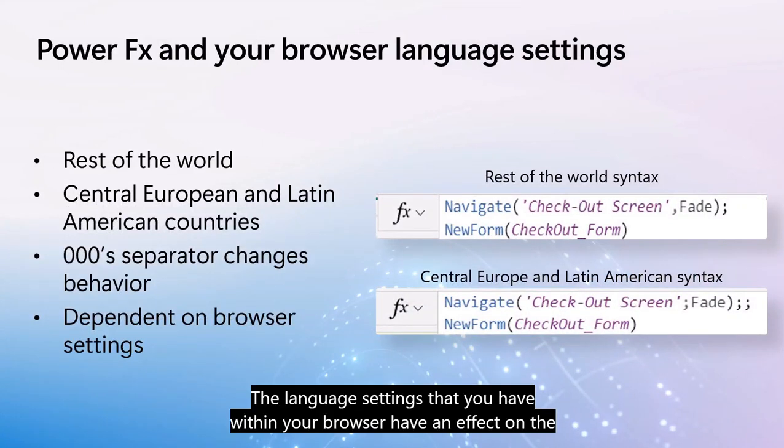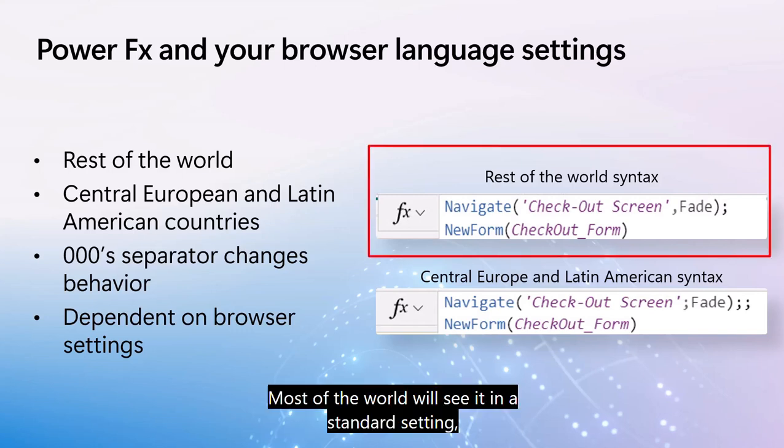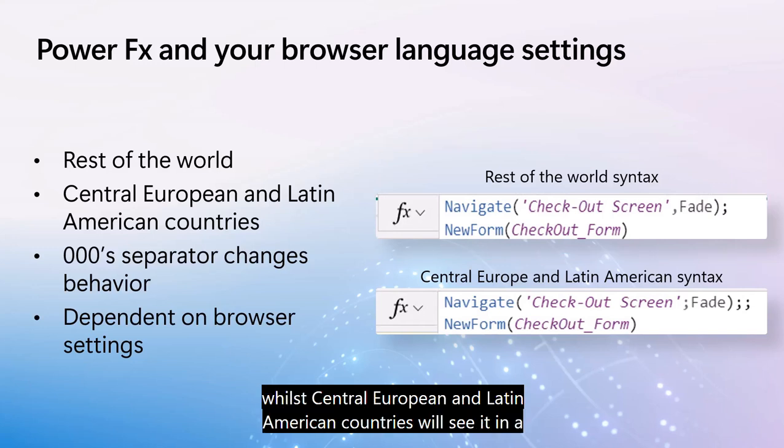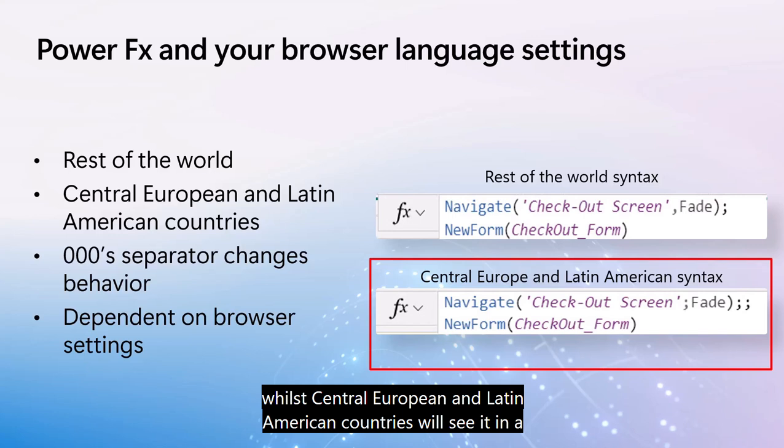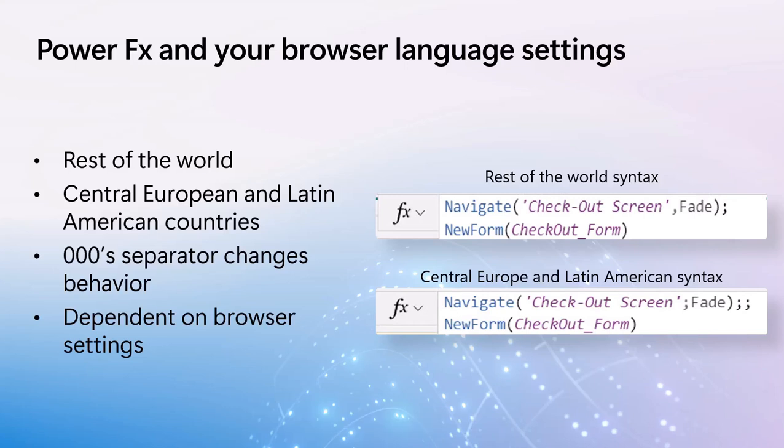The language settings that you have within your browser have an effect on the way in which Power Fx is written. Most of the world will see it in a standard setting, whilst Central European and Latin American countries will see it in a slightly different way.